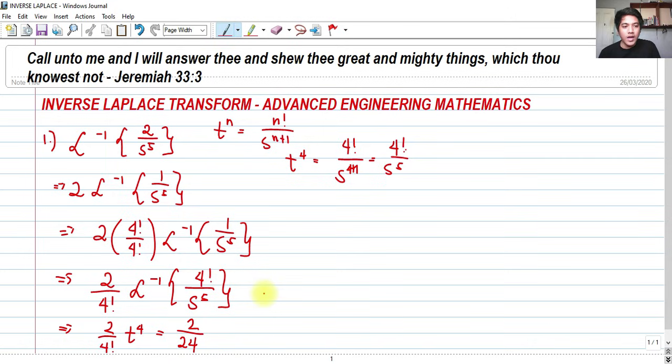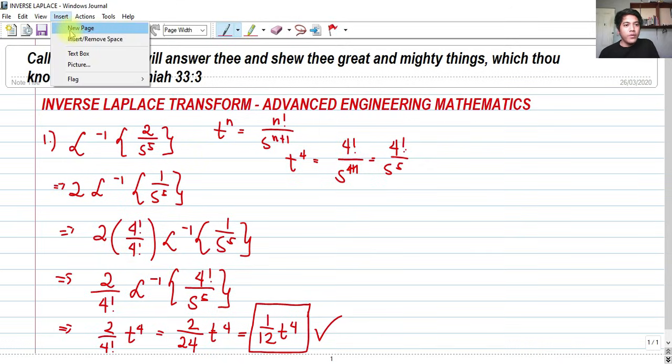So 2 over 24 times t raised to 4. Dividing by 2, in lowest terms we have 1 over 12 t raised to 4. This is our function in terms of t, the inverse Laplace transform of 2 over s raised to 5.